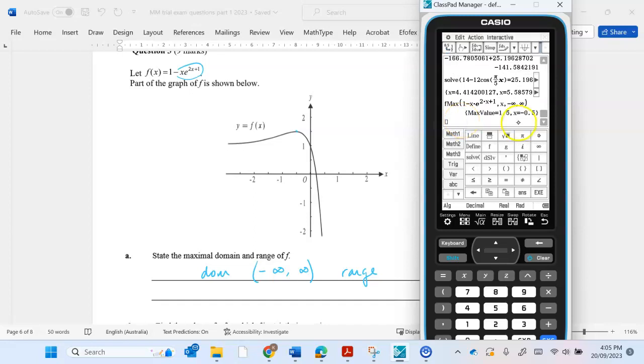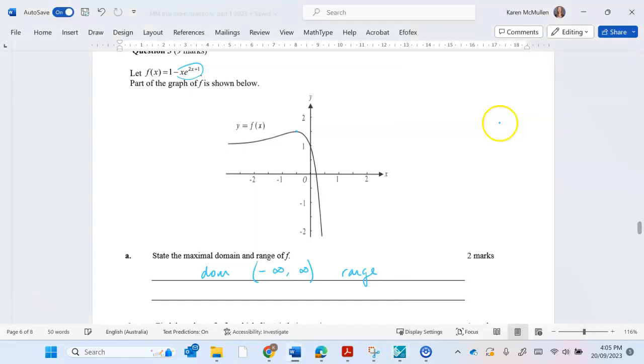Your maximum value is 1.5, so this point here is 1.5, and it is included. Remember, you've got to put your minimum value first and then your maximum.